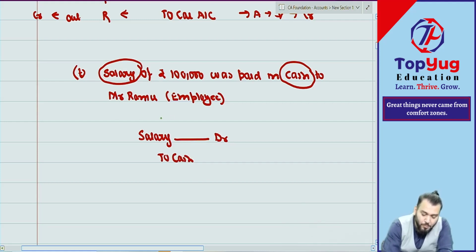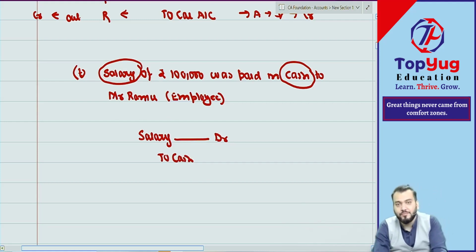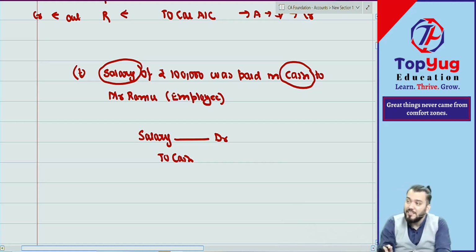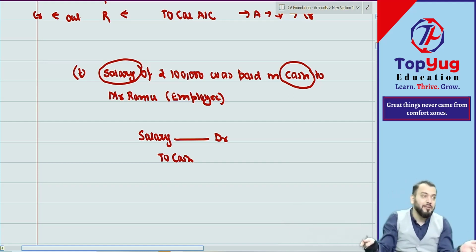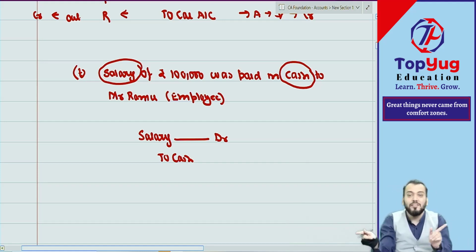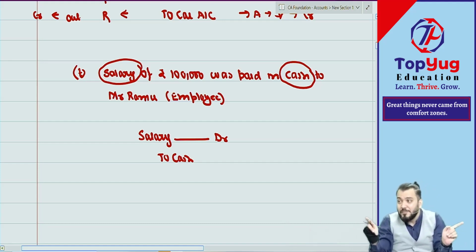Understood why we have not opened Ramu account? Because already paid in cash. Now there is no amount payable to Ramu. There is no need to open personal account. Personal account means either payable or receivable. There is some relationship with them. But if you have already paid, then that account is not required.